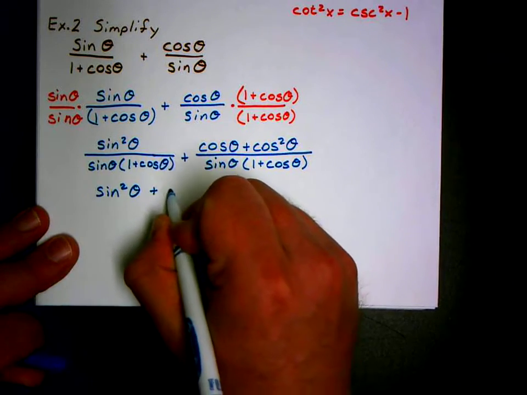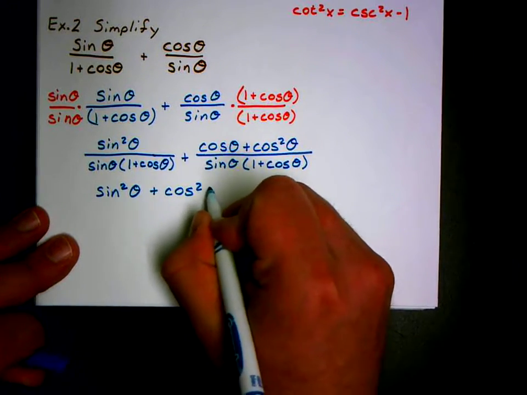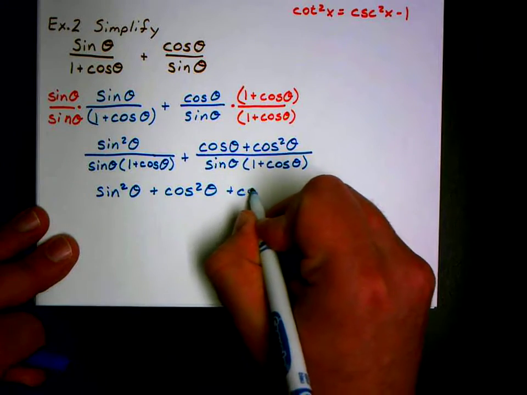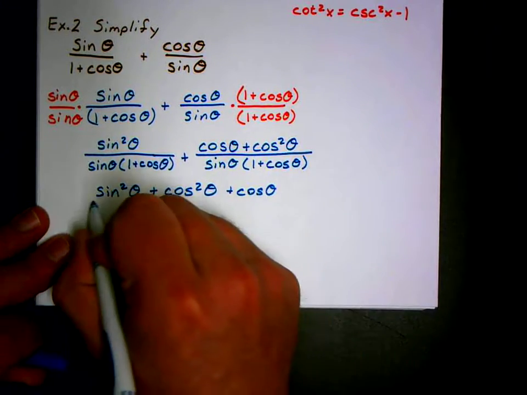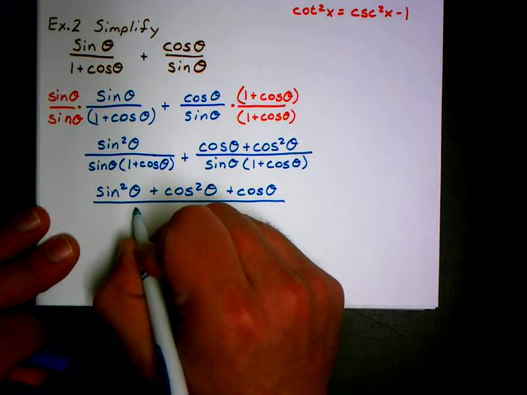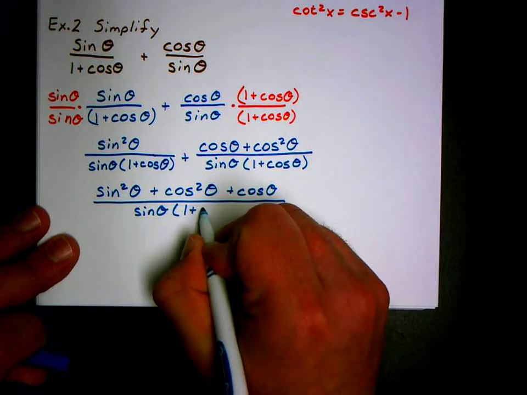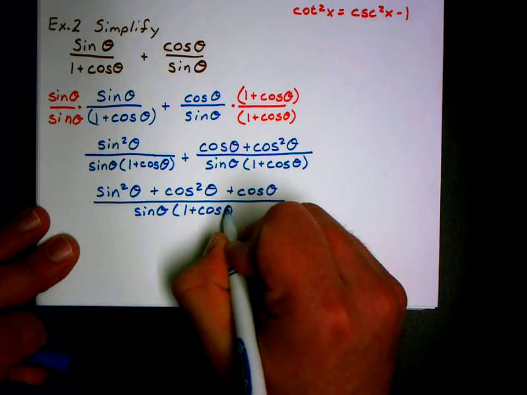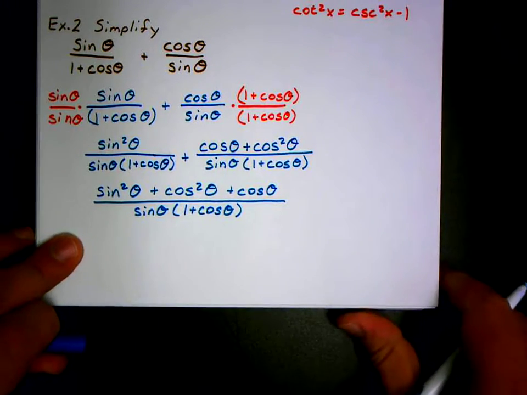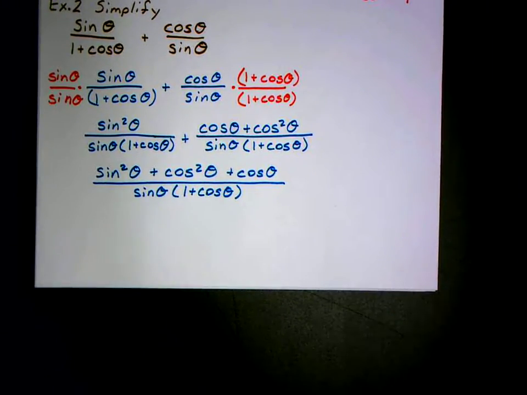Okay, so I add them together. I'm going to rearrange this a little bit because I know what's going to happen. So what is sine squared plus cosine squared? 1.